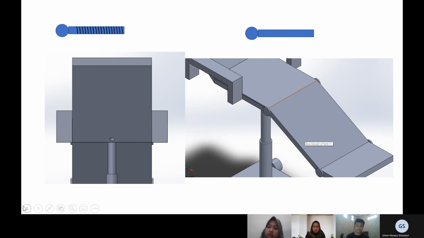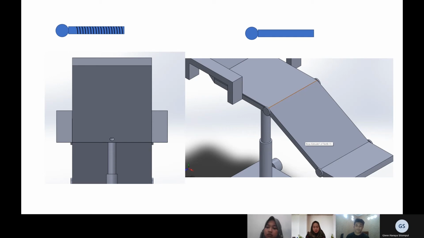Next, here we are showing you the mechanism of making it a chair and making it into the bed. We are at the lower upper part of the chair. We have the screw pin. The screw pin can be tightened and then loosened. When it is tightened, the chair tends to have the position of 90 degrees, and when it is loosened, the chair can have the position of 180 degrees.